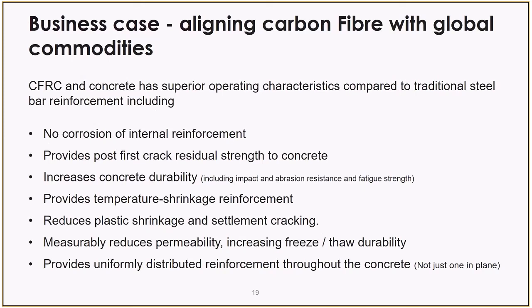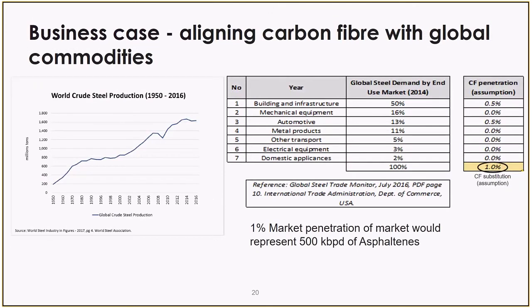The next area we wanted to look at is steel. As I mentioned earlier, global steel production is also a very large market, 1.6 billion tons, growing to over 2.5 billion tons by 2030. And over on the right-hand side of this slide, we provide a percentage of what makes up that 1.6 billion tons a year.